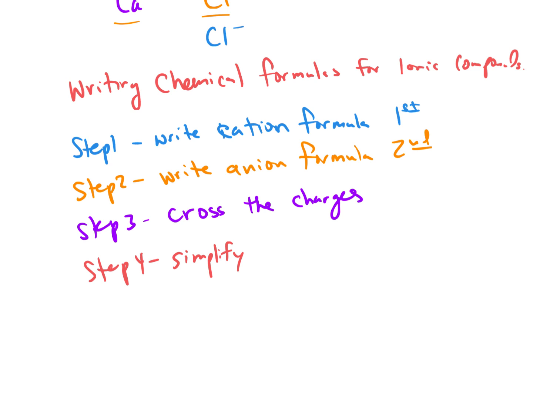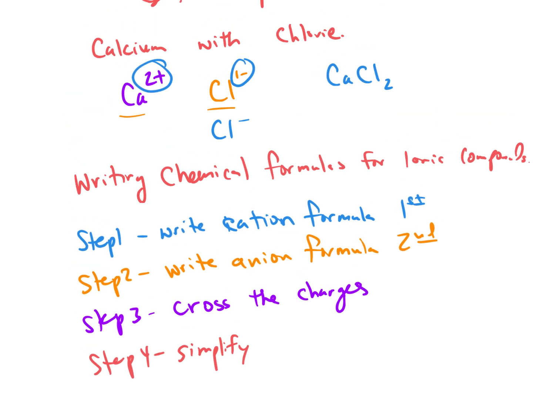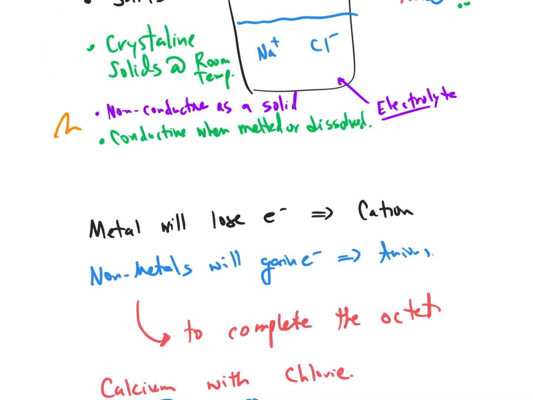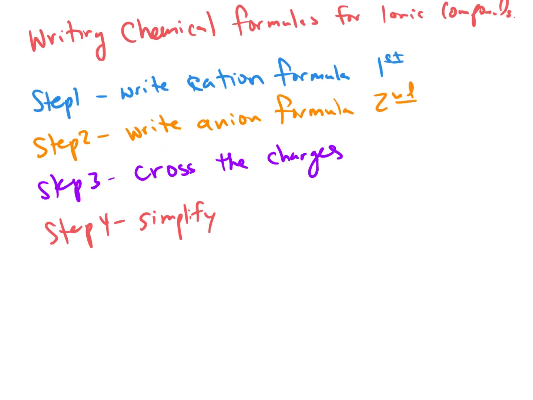Because all ionic compounds must be written with the lowest whole number ratio of atoms. We'll just write it right here.